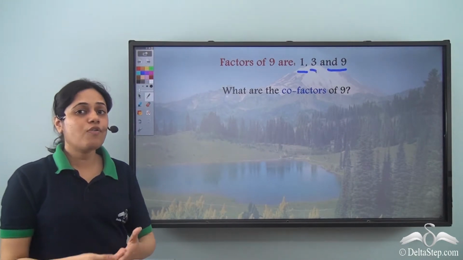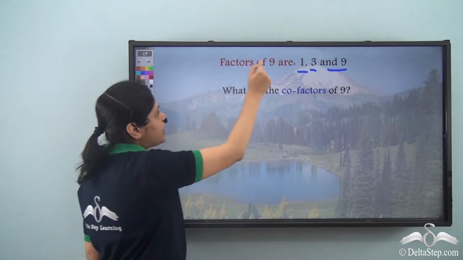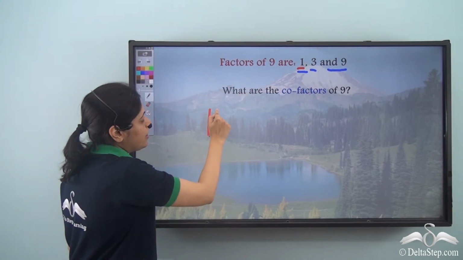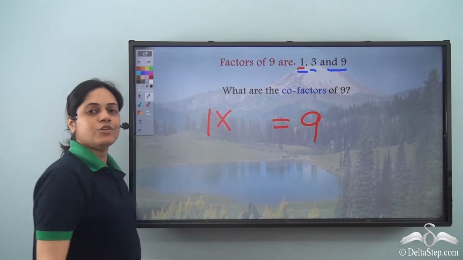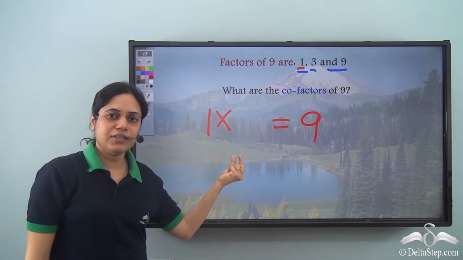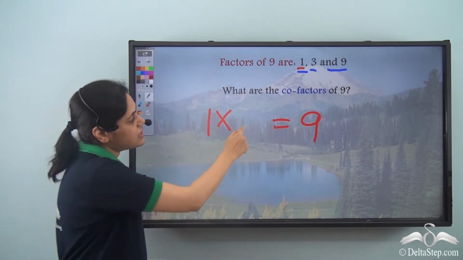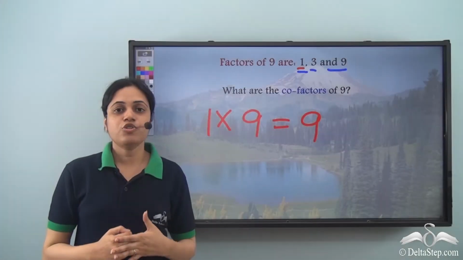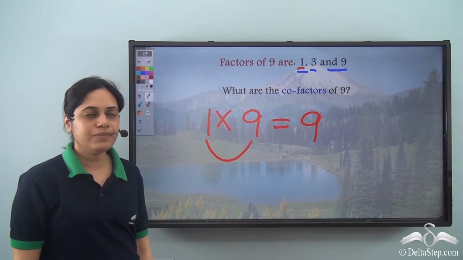Now what are the cofactors of 9? If I take the factor 1, now 1 into what will give me 9? So 1 is one of the factors. What is the other factor which when multiplied by 1 gives me 9? It is 9 itself. So one pair of cofactors is 1 and 9.